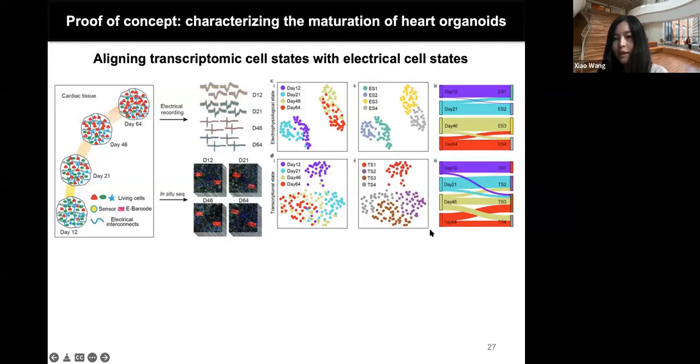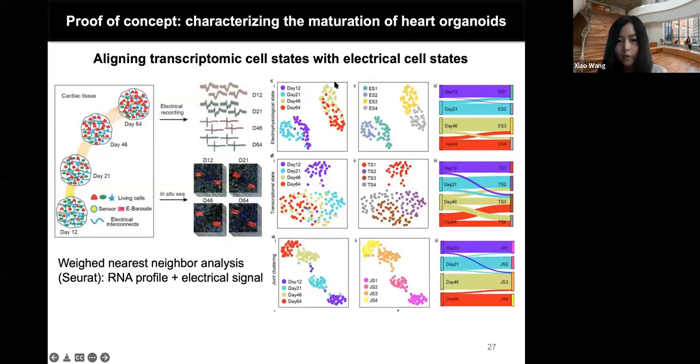And through this, we do see an alignment at single cell resolution between these two types of measurements. And more importantly, when we join these two types of measurements together, we can even have a more accurate definition of cell types or cell states, which means these multimodal measurements can enable us to achieve a more accurate definition of cell states and cell types.